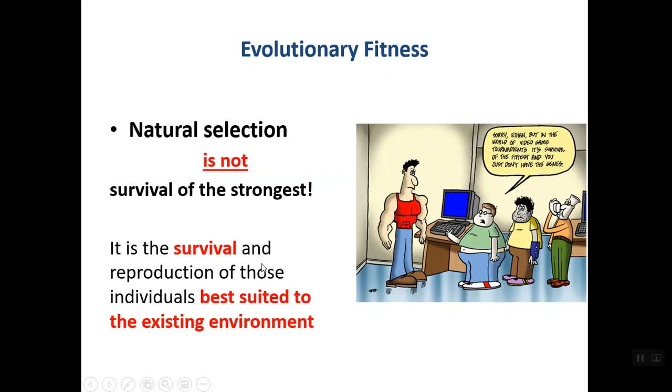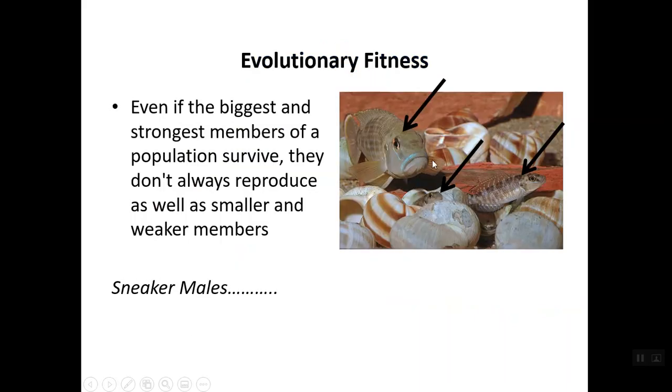Sometimes traits that are not really good traits, generally speaking, could actually be favored and selected for in populations because maybe they do confer more evolutionary reproductive success in that population. We talked about all this. Just a funny example, the example of sneaker males.